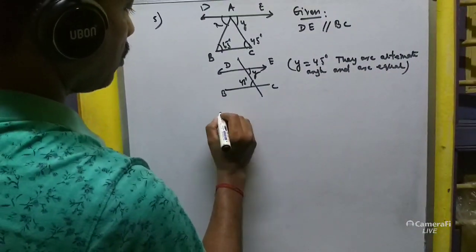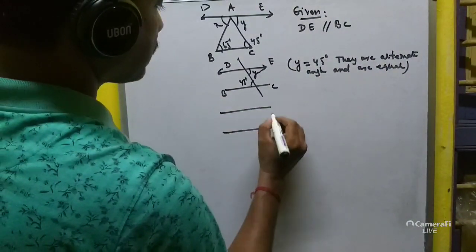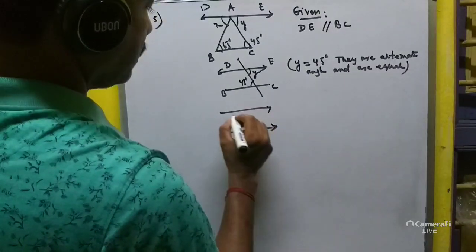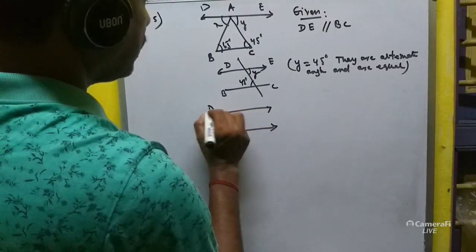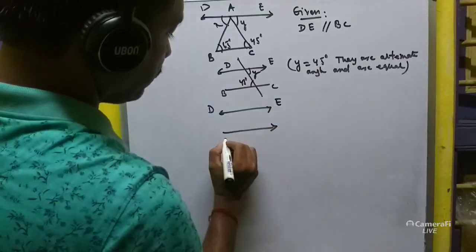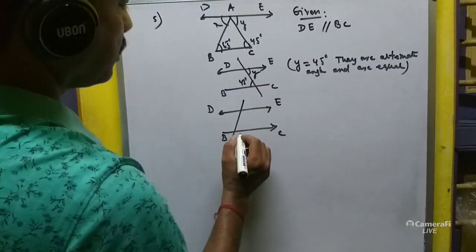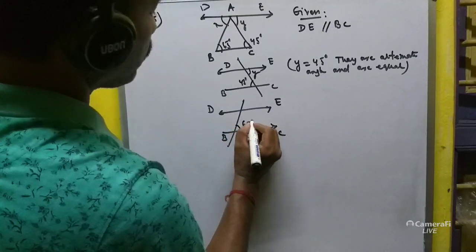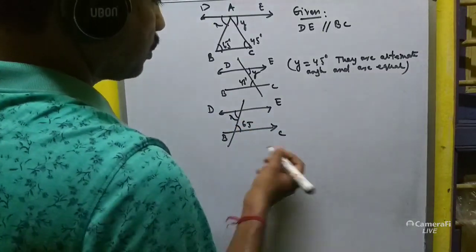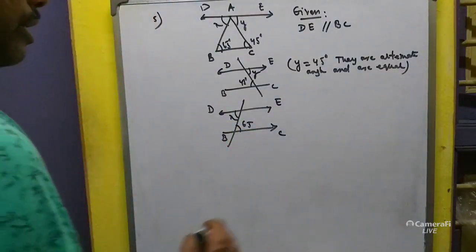Now again I draw the same parallel lines. This one is DE, this one BC, but now the transversal is changed. This one 65 degree. So what is the value of x? So again you see that this is alternate angle.